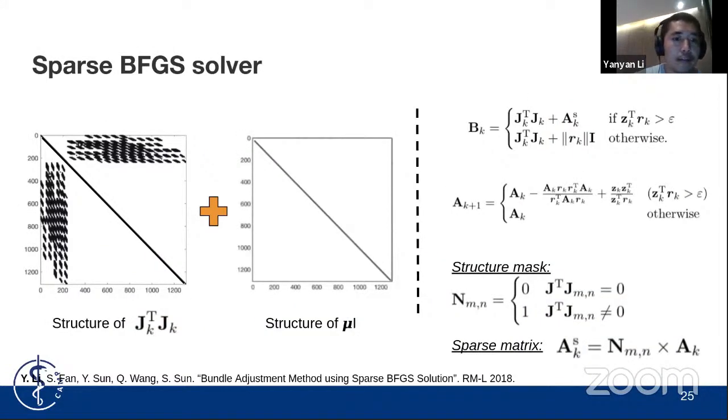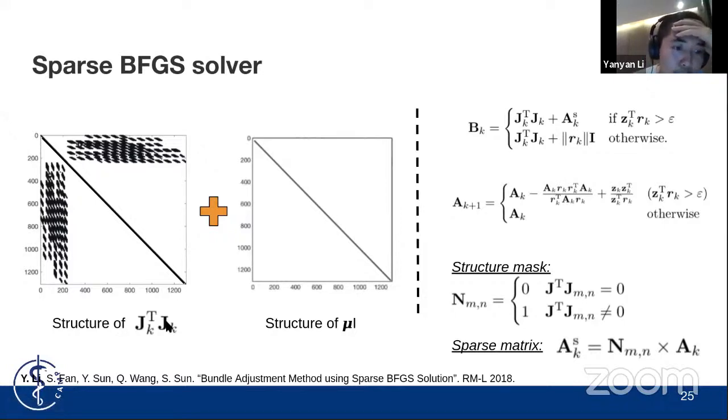Then maybe we can have a quick check of the nonlinear square optimization process. As you know, most of the time we would like to use the Gaussian method.